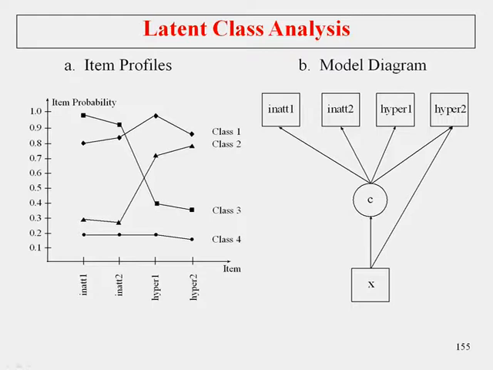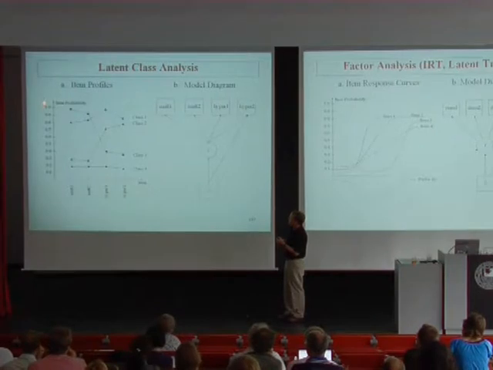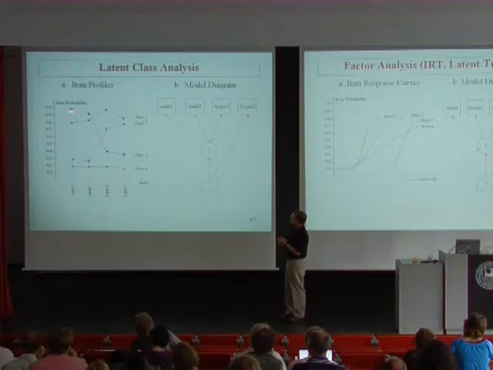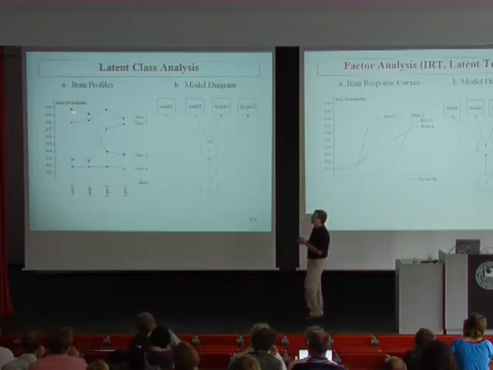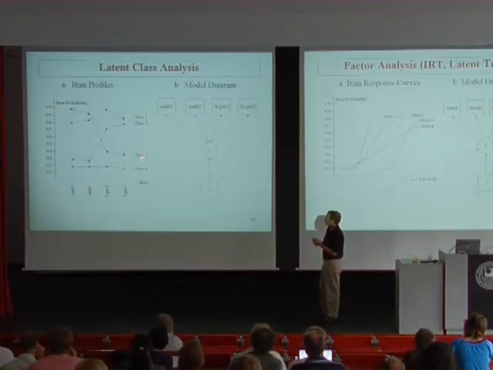I should also mention something that came up in the break here. Somebody asked me, sometimes I get a lot of fixed thresholds, fixed at high or low values. Is that bad? And that's not bad, because look at class 3 here. Here the thresholds are very low, and therefore giving a probability of 1, so that if the thresholds are low enough, you would have exactly probability 1 of endorsing all of the inattention items if you are in class 3.